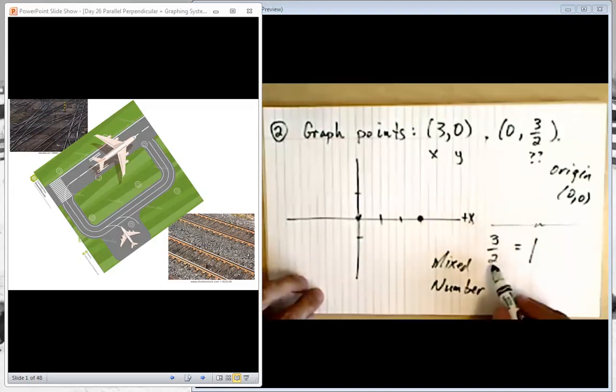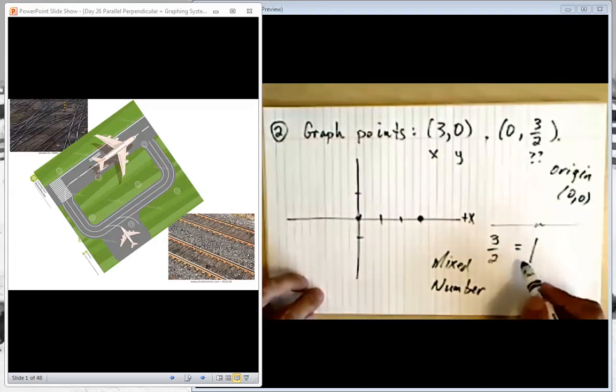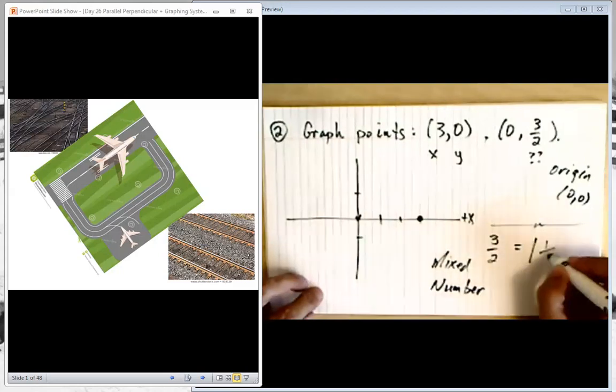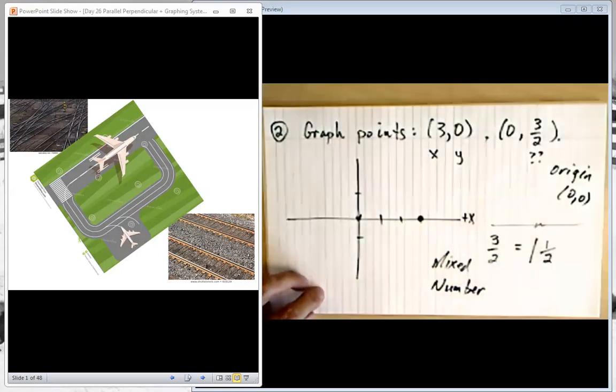So 2 goes into 3 one time, but there's a little bit left over. How many are left? Just one of them, right? So it's 1 out of 2 that's left, so it ends up being a half. You're right with it being 1.5 there. So where is it on here?